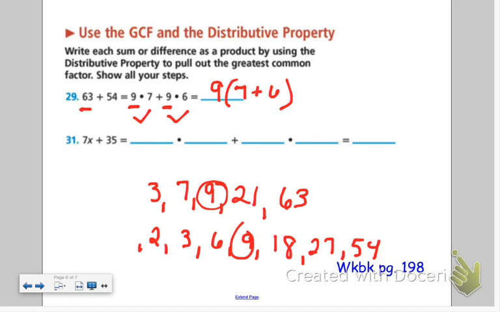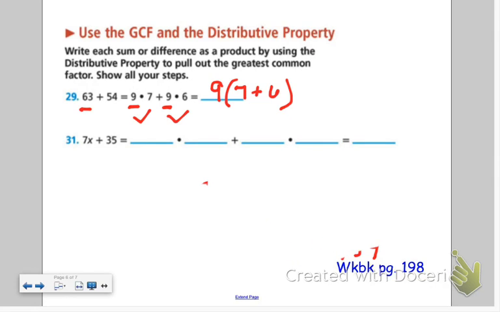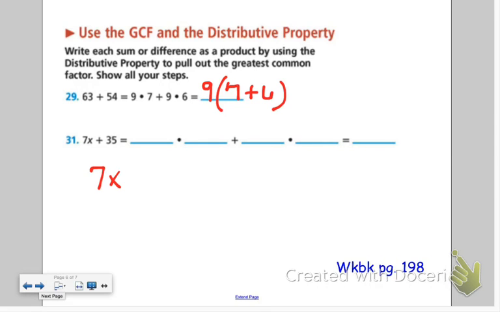Let's just erase this, make some space here. We're going to list out all the common factors of our next addends. Oops, I didn't mean to erase all of that. Again, for the first one, that was 9 times the sum of 7 and 6. So for number 31, 7x is one of my addends, and 35 is the other one.